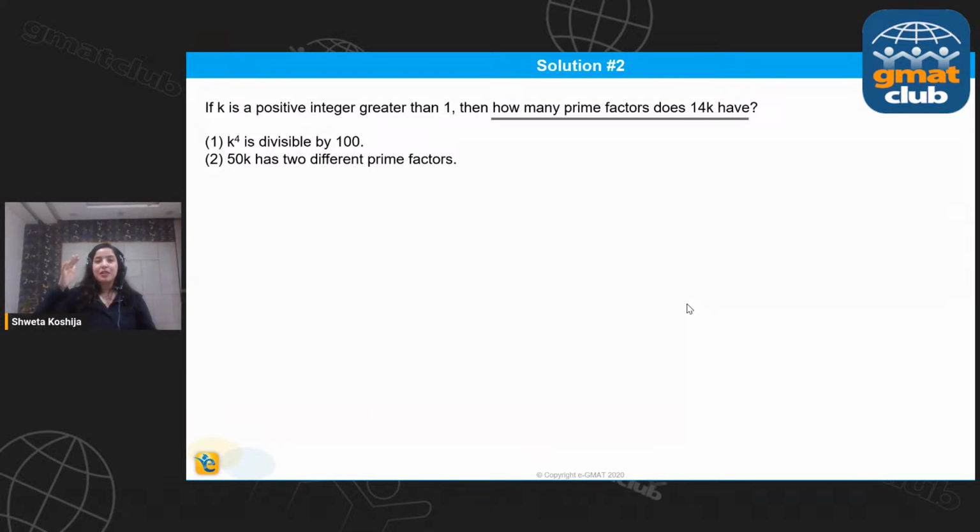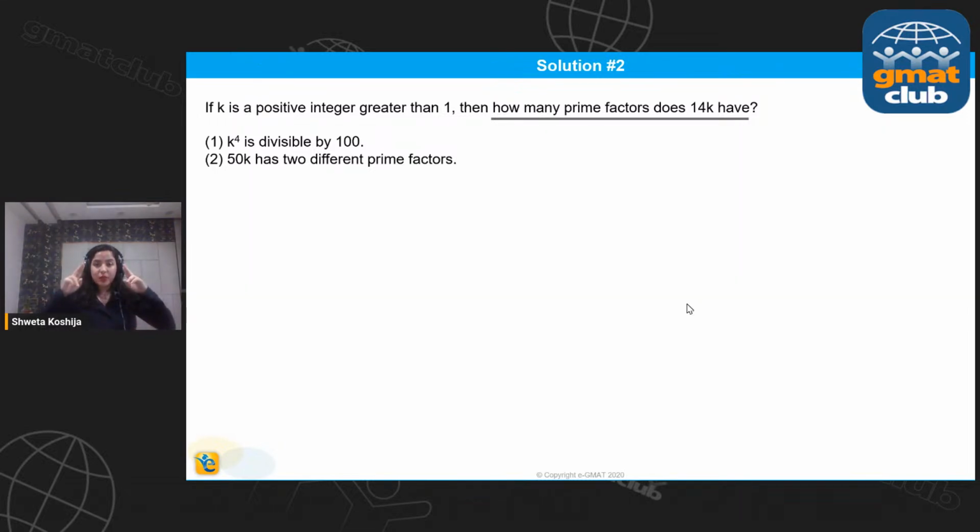Which concept comes to your mind when you look at 14K and K together? Just give me some keywords so that I understand you're thinking about the right concept. I'm just going to take the first correct answer that comes in the chat and move on from there. Which concept comes to your mind when you look at K being given and 14K being asked?